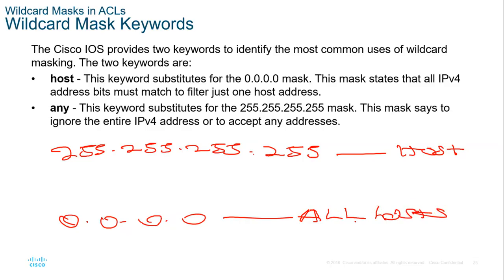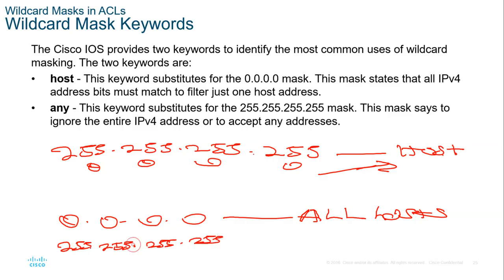Now, in wildcard mask, it's going to be the opposite. If you have this, it means host. Where we have the zeros here, then it means that it's going to be 255, 255, 255, 255. That means all hosts.